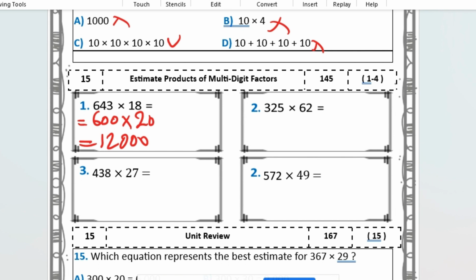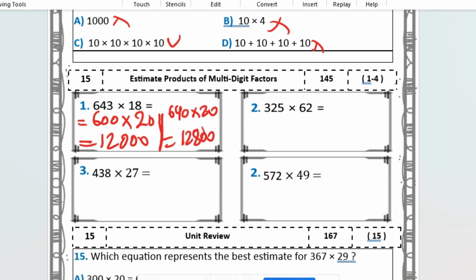This is one way of finding the estimation. Here I used compatible numbers, but you can also round it to the nearest whole number, so it will become 640 times 20, which is equal to 12,800. Okay, any way will work. You can choose which way you want.